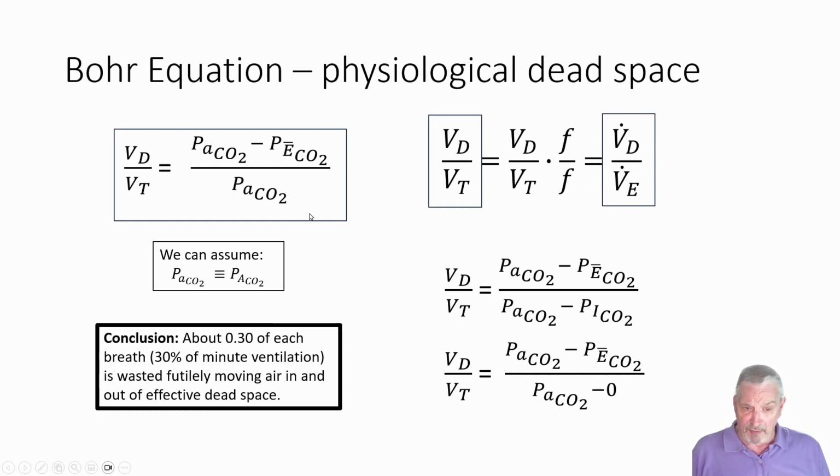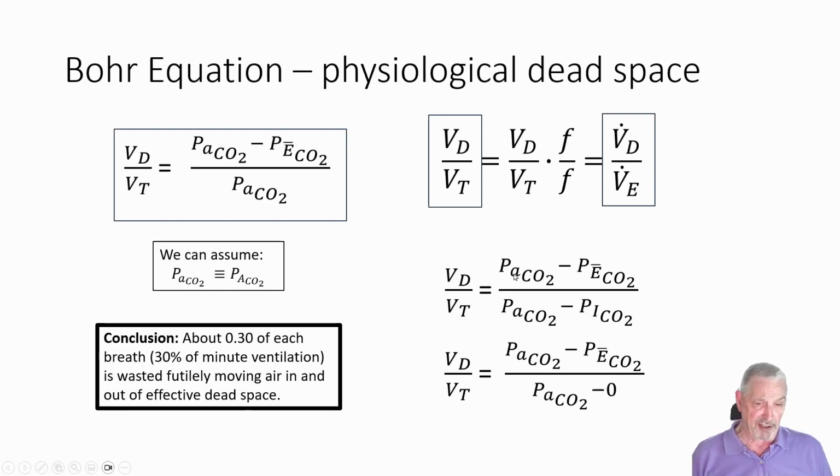And what we see sometimes when you look at this equation, and we'll come back to this in a minute when we look at the shunt equation, is that there is no term for inspired CO2 here because inspired CO2 is virtually zero. But let's look at the construction of this equation.